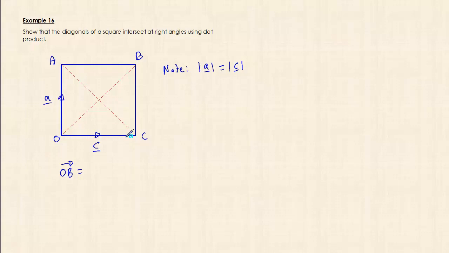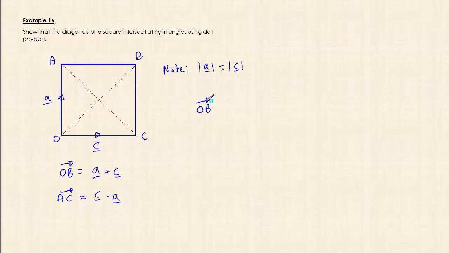We can go along C and then along A, so A plus C is OB. The other diagonal is AC. Backwards along A, forwards along C, so that's C take away A.